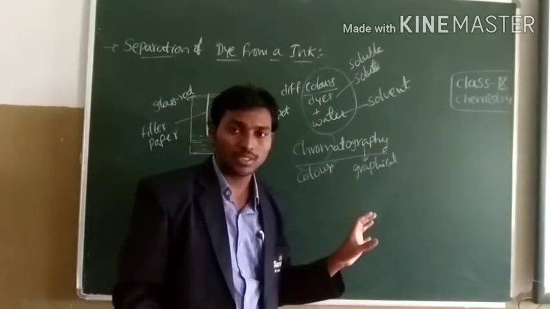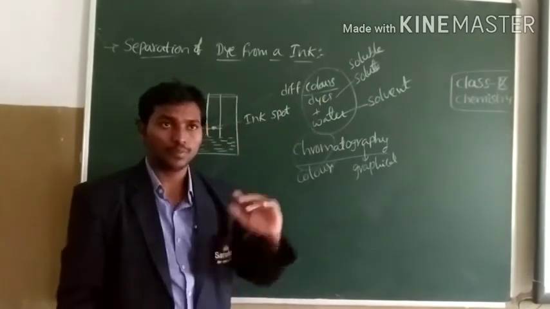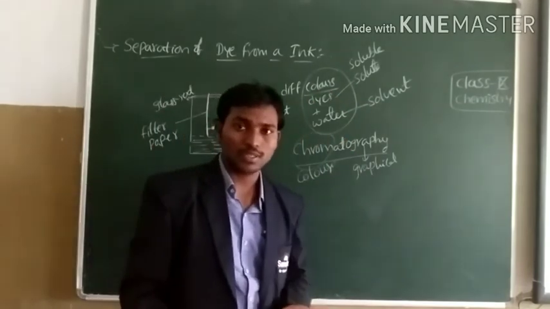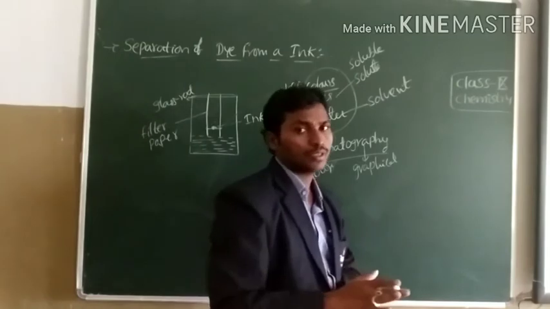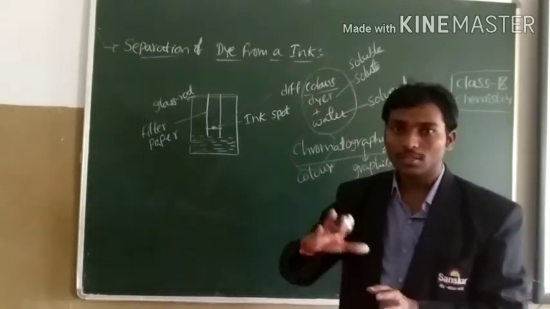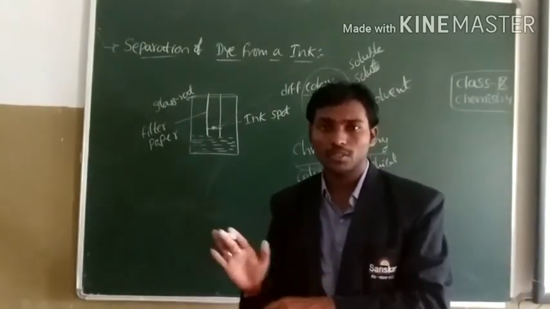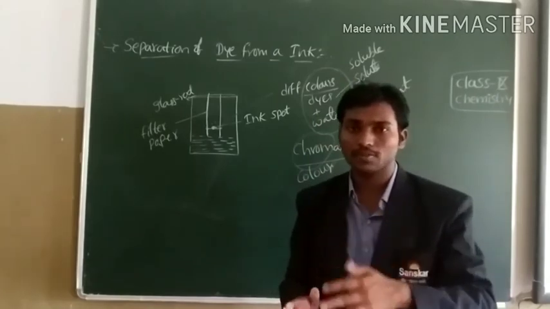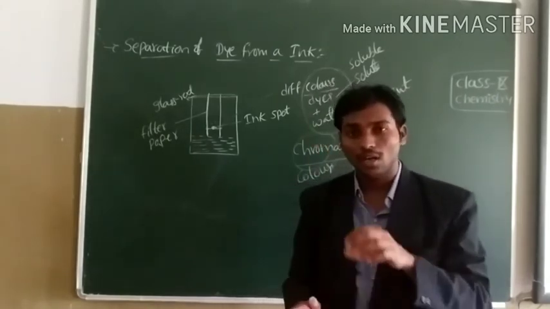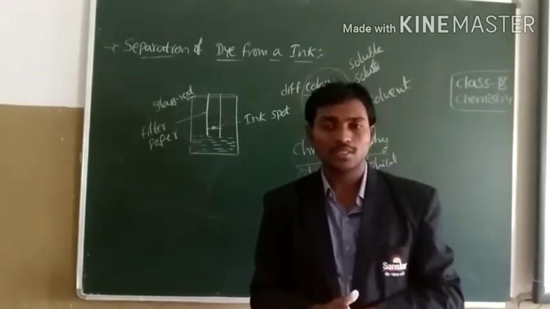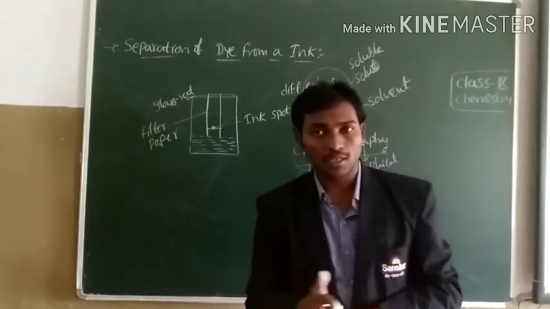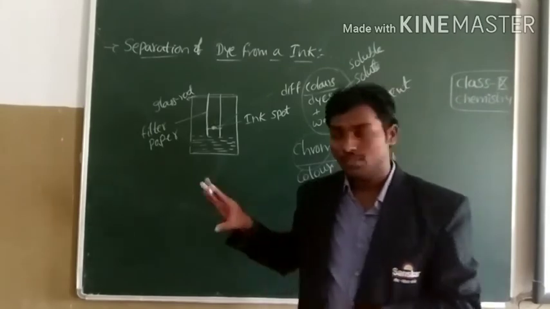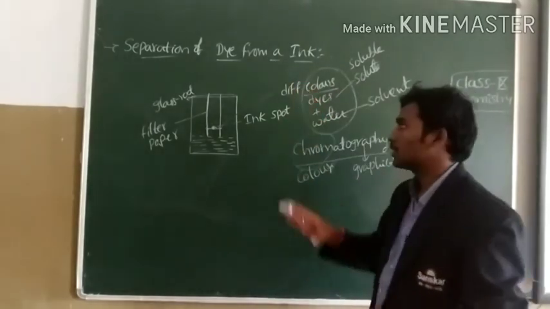That's why it is mostly useful in pharmaceutical industries and laboratories to separate components of a mixture, also in separation of components from lead, and in separating the components of different kinds of drugs. So this is chromatography, children.